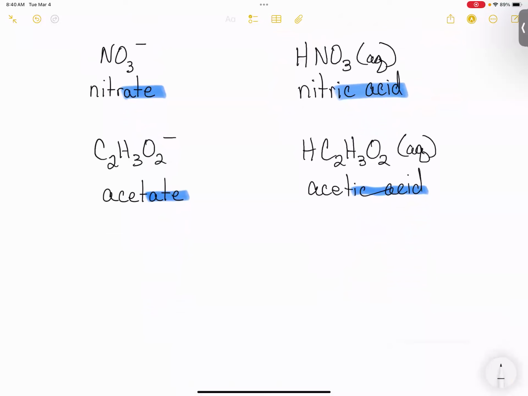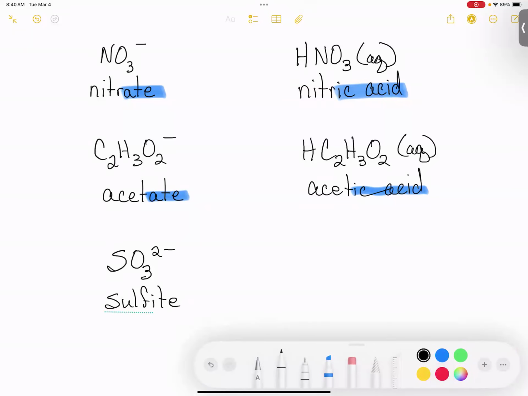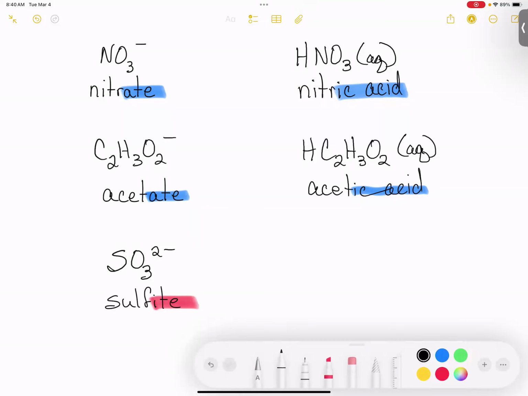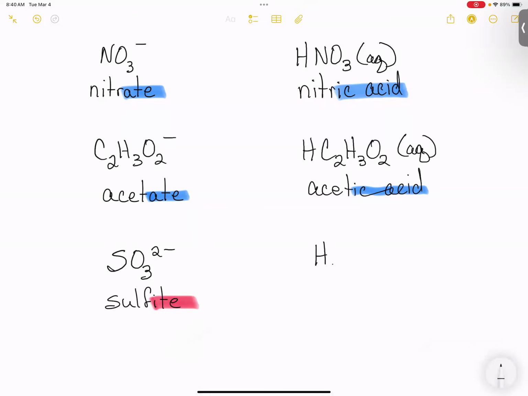If I have sulfite, now the ending is ITE. And because the ending is ITE, then number one, we would have two hydrogens because of the charge.